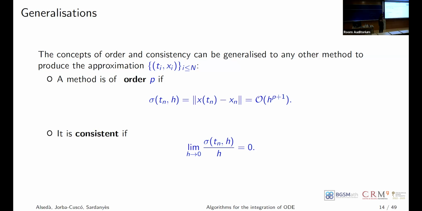And then we'll say that the method is consistent if the local error tends to 0 when the step size goes to 0. So this is essentially the same definition. So we are going to keep this and start talking about higher order methods.